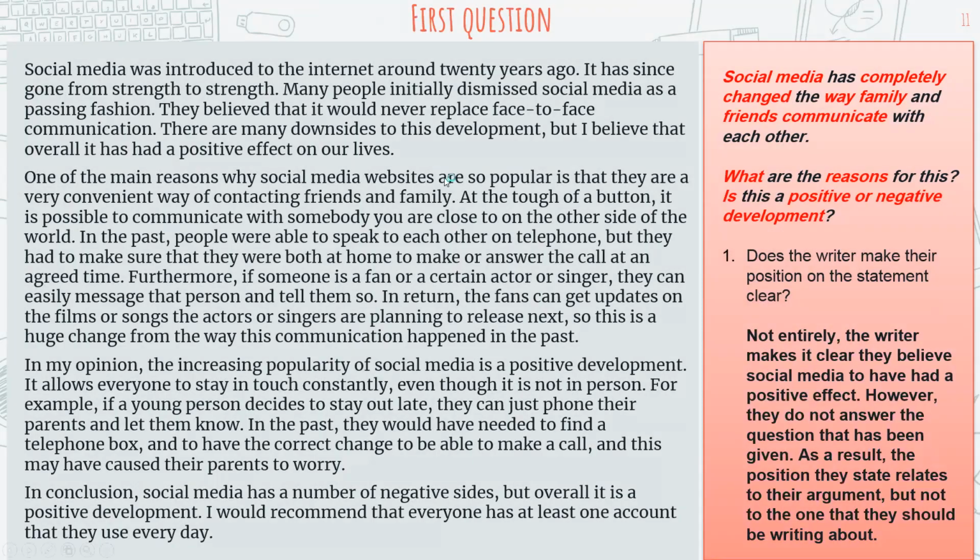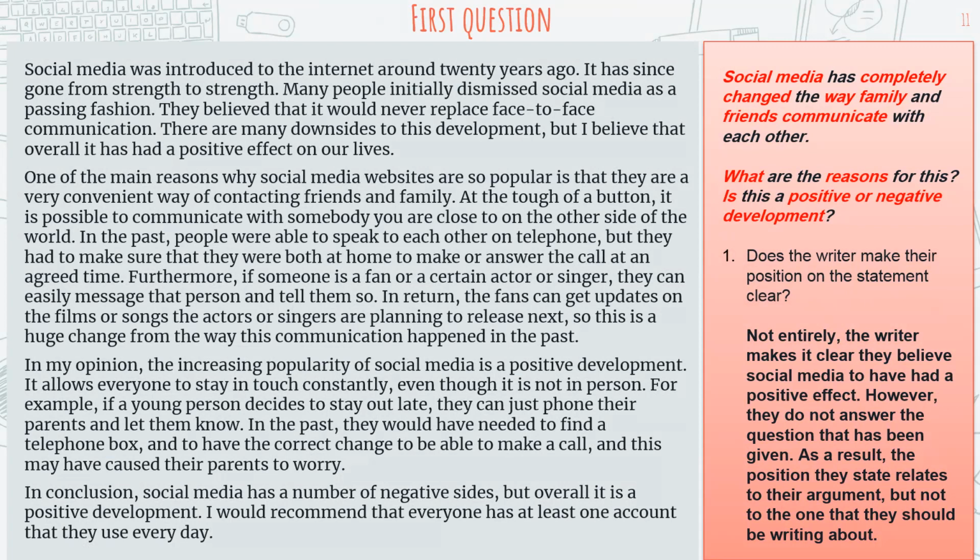Let's answer these questions. The first question: does the writer make their position on the statement clear? Not entirely. The writer makes it clear they believe social media to have had a positive effect. However, they don't answer the question that has been given. As a result, the position they state relates to their argument, but not to the one that they should be writing about. Okay, this is a big problem.